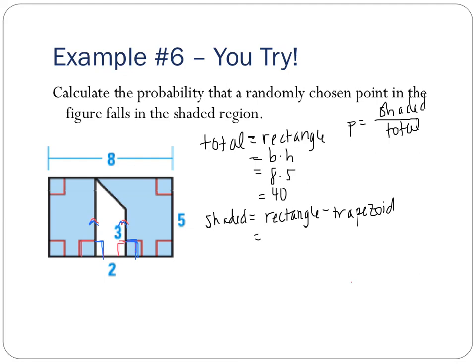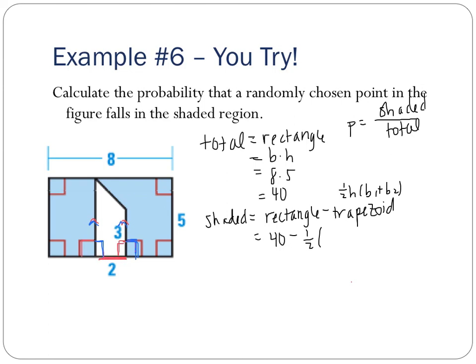So back to the area of the shaded region. We know that our rectangle is 40, we already calculated that. That's the entire figure though. I only want the shaded region, so I need to take out that white part, the trapezoid. Remember that the area of a trapezoid is 1/2 height, base 1 plus base 2. Hopefully you remember that, or you took the time out to look it up. Now the height of our trapezoid is a little bit sideways, but the height is right here.